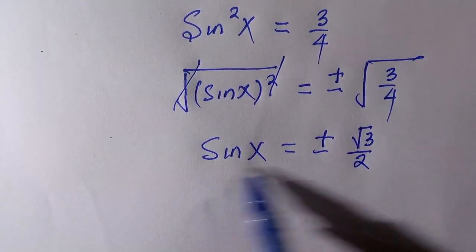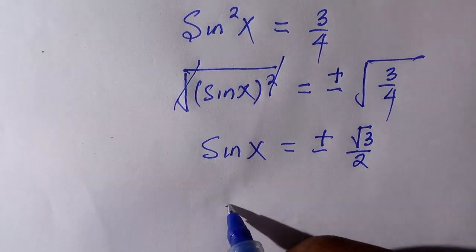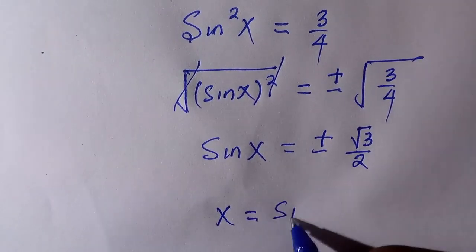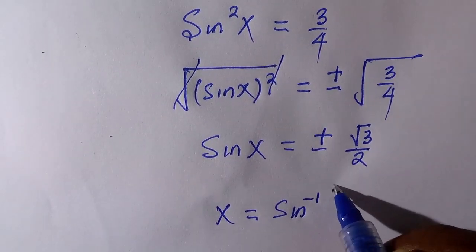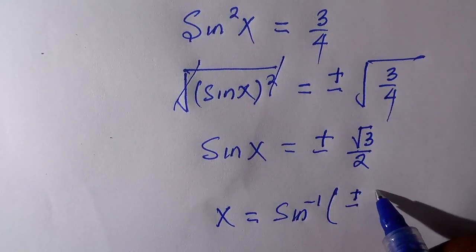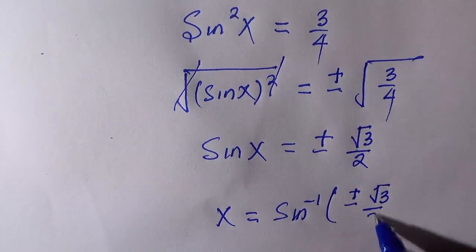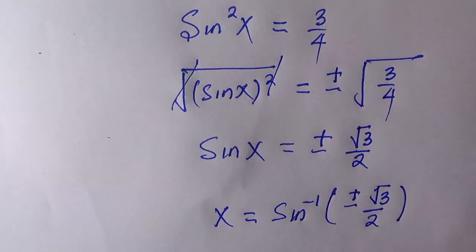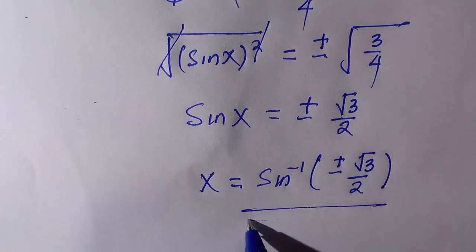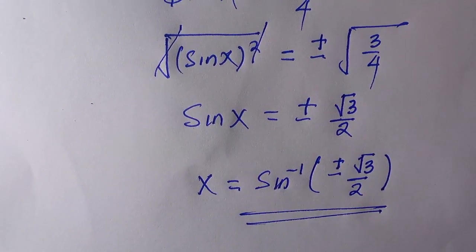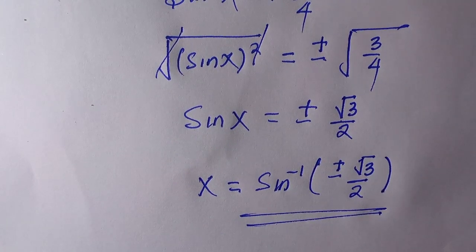On getting this, we are going to take the sine inverse of both sides. Here we have x equals sine inverse of plus or minus root 3 divided by 2. And here gives the other solution to the value of x.